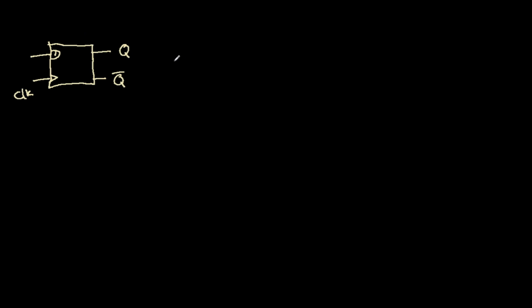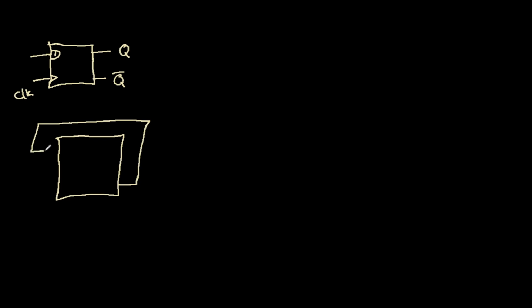There is another flip-flop that is based on this, and that's what we'll actually use in this video. This is also a D flip-flop, but in this particular flip-flop, we take the inverted output and send that back to our D input.